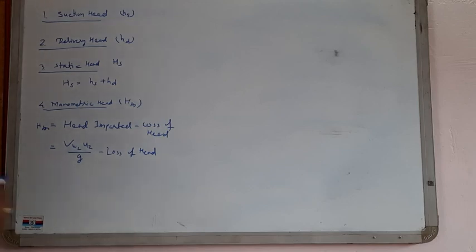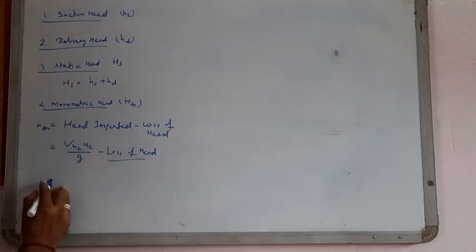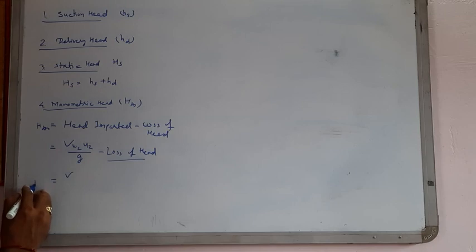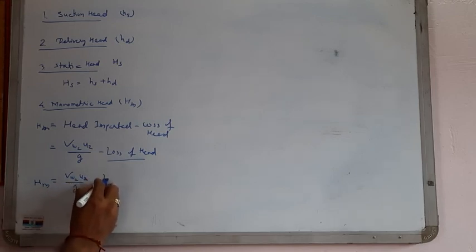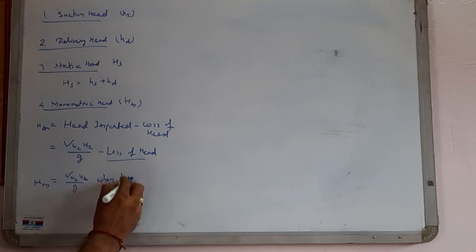So when the loss of head is 0, at that time this value Hm is Vw2 u2 by g.